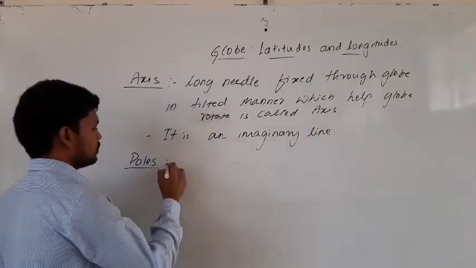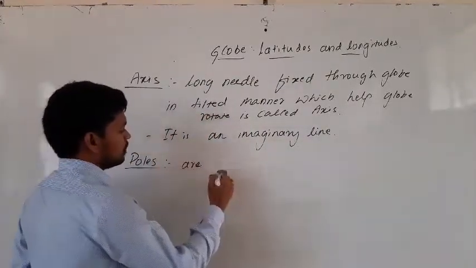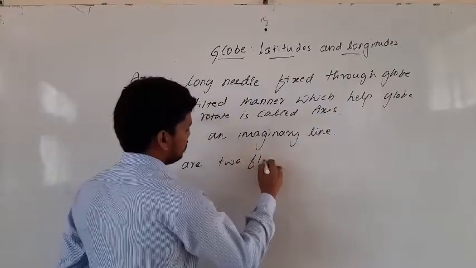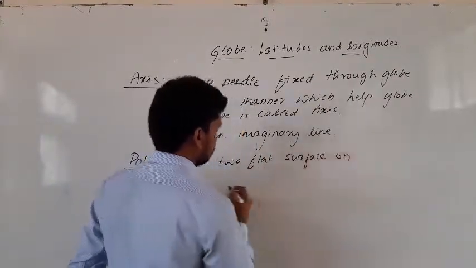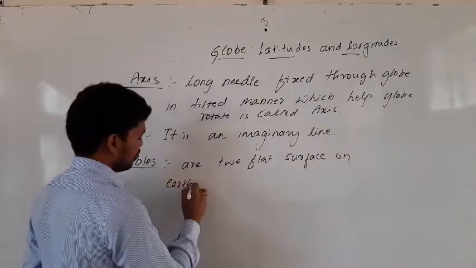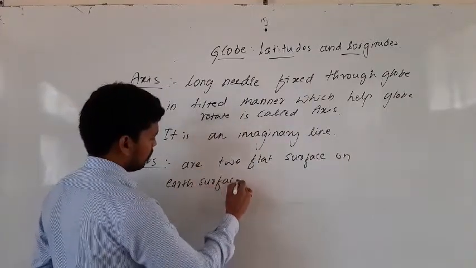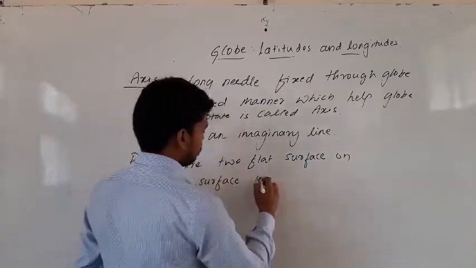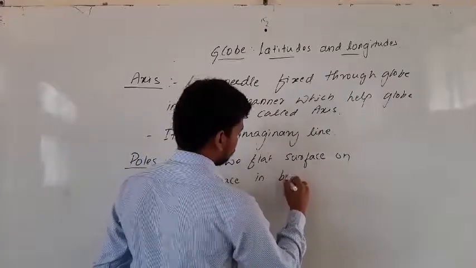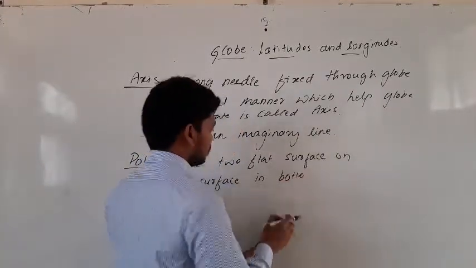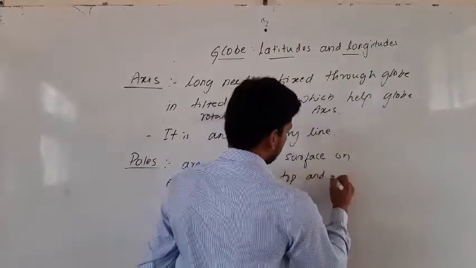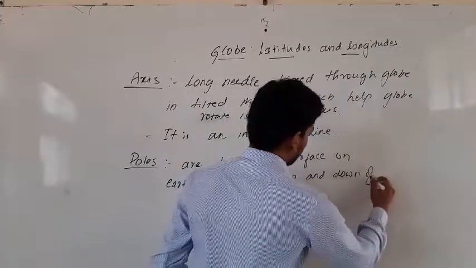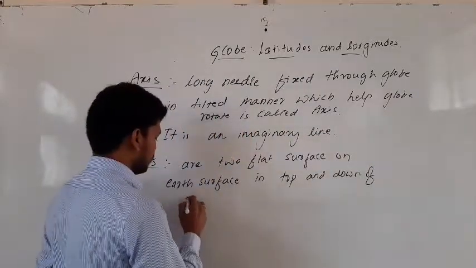So poles are two flat surfaces on the earth's surface, at the top and bottom of the earth.